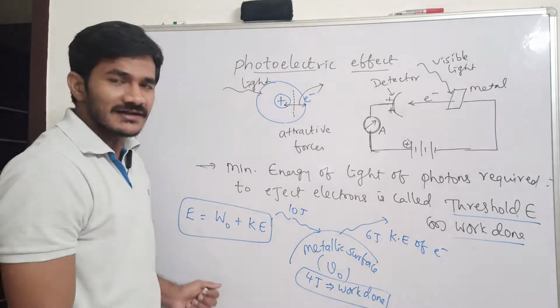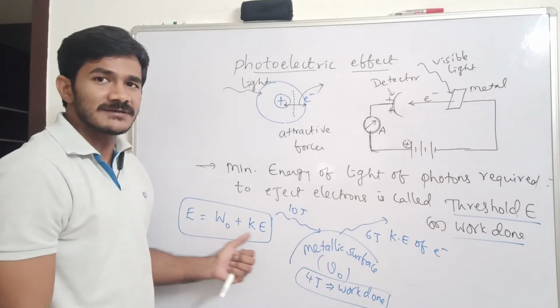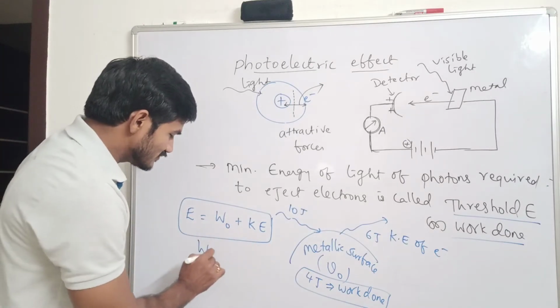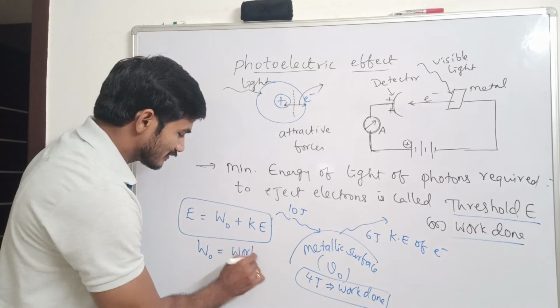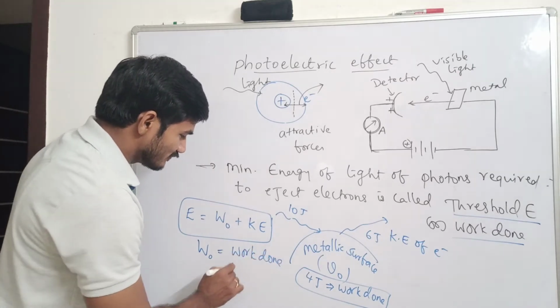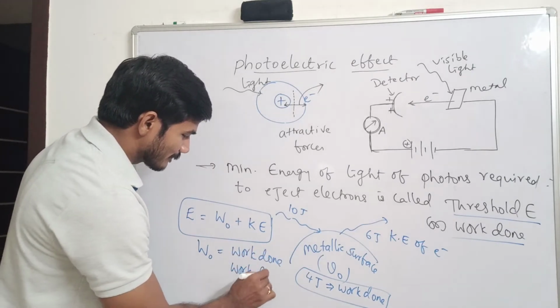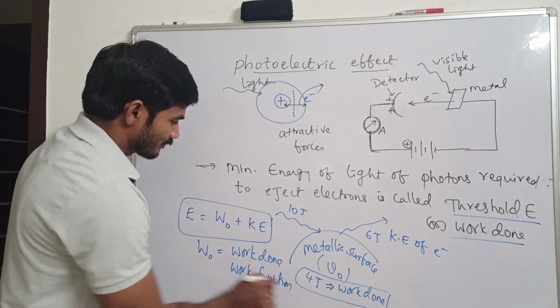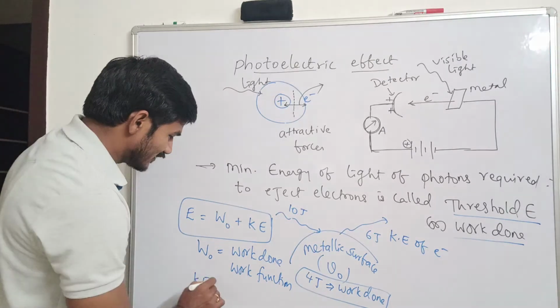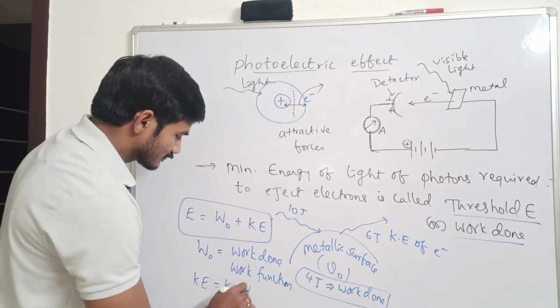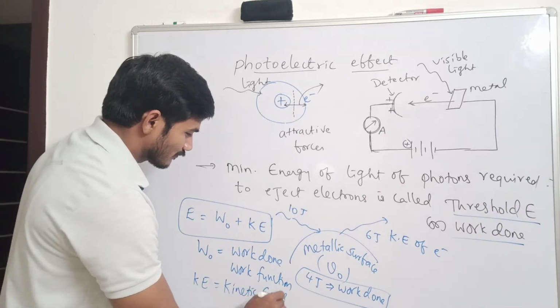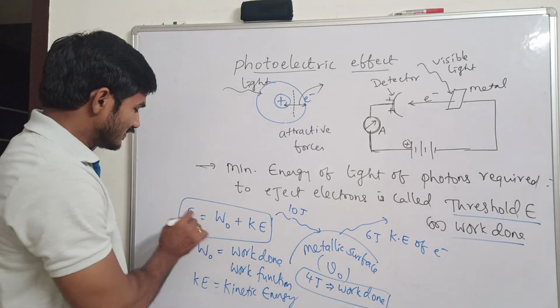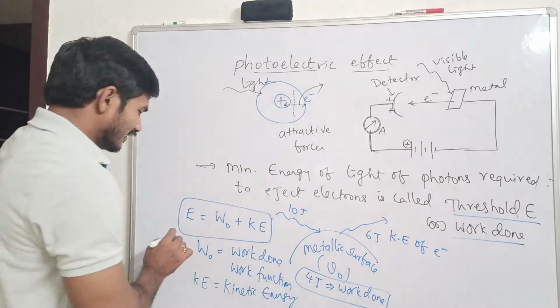Okay, so this is a relation. Energy is equal to W naught plus kinetic energy. Here W naught is equal to work done, or I can also write work function, and K is equal to kinetic energy, and E is incident energy.